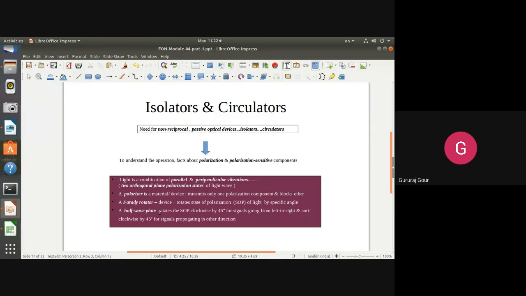The only difference is that the Faraday rotator has the flexibility of rotating by a specific angle of orientation, whereas the half wave plate is fixed, it cannot give any adaptive orientation. If a signal is going from left to right, it rotates those E field components by 45 degrees clockwise.